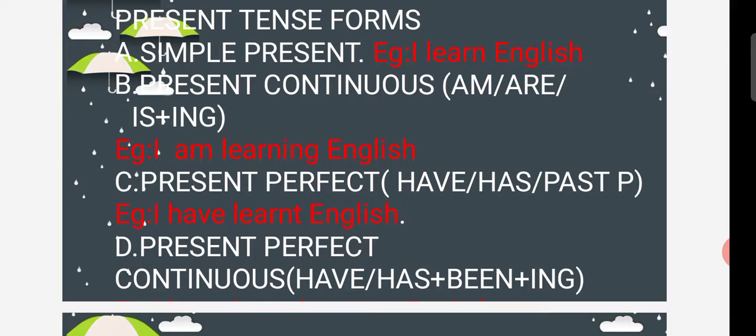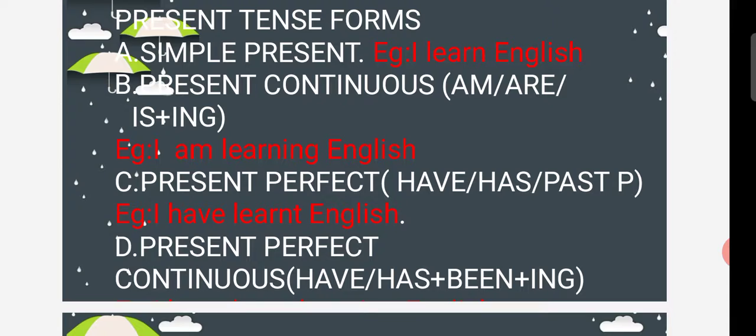Then we have present perfect tense. In present perfect tense we use have or has plus past participle. So when I use I, I have to use have. I have, we have, they have.